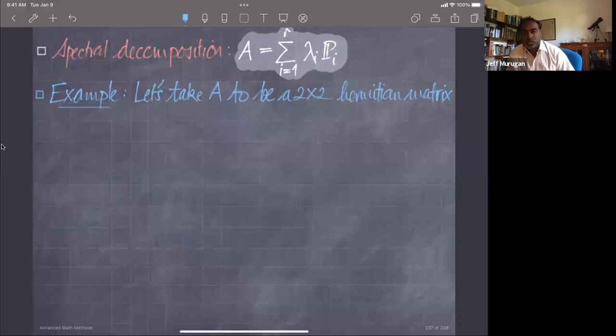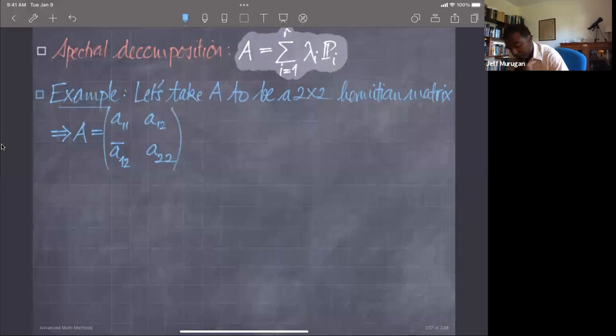The most general such matrix will take the following form, and for it to be a Hermitian matrix, it can only be the following form. So the most general such matrix I can write down will have A11, A12 in the first row, and the second row has got to be A12 complex conjugate (A12 bar) and A22.